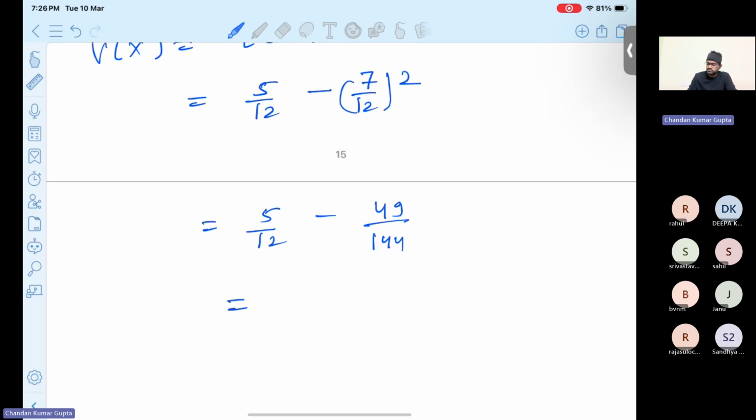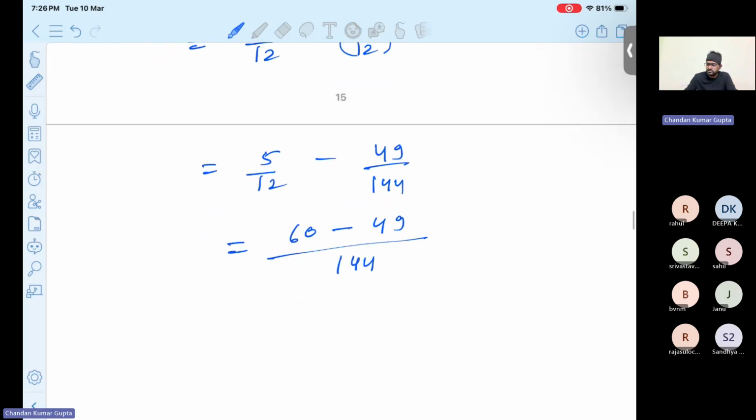It comes out to be 60 minus 49 upon 144, which is 11 upon 144. This is the variance of x.